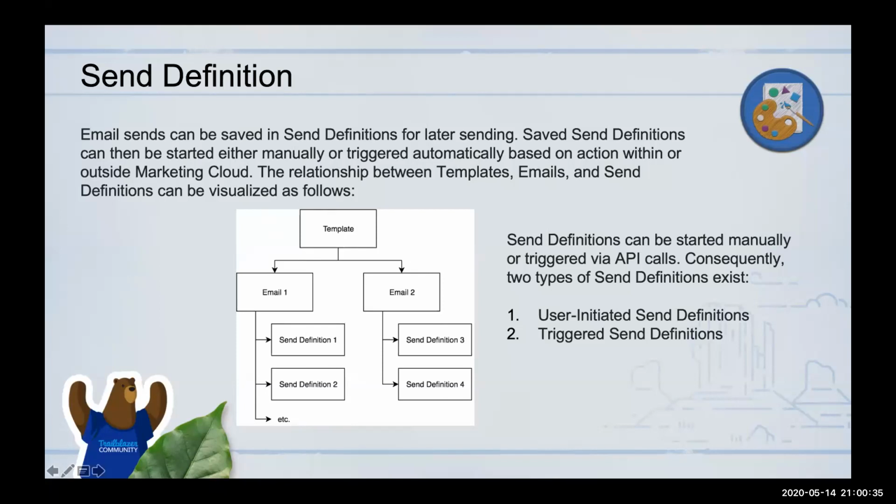There are a lot of different use cases, and the send definitions can be started manually or triggered via API calls. And then there are also the send definitions for user-initiated sends, or the triggered send definitions.